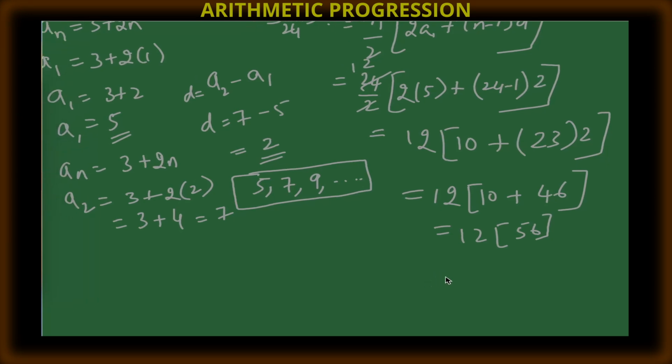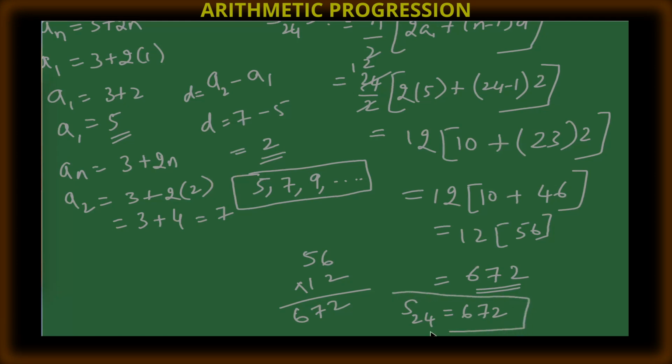Now we need to multiply 12 with 56. 56 into 12. How much does it become? It becomes 672. Okay, so we got S24 as 672.